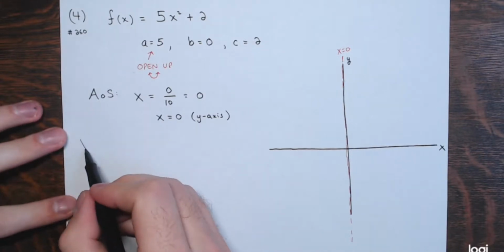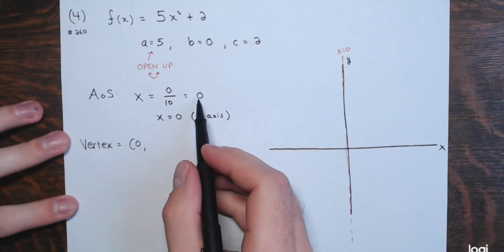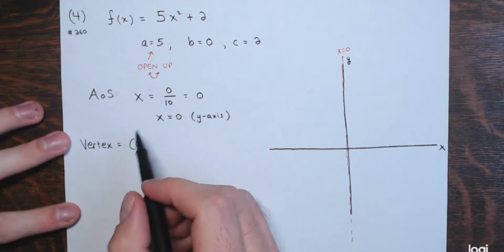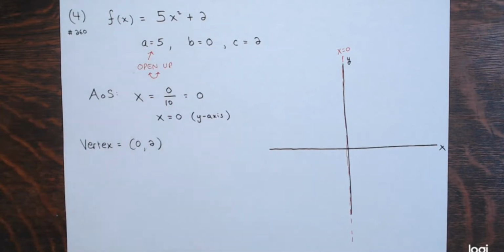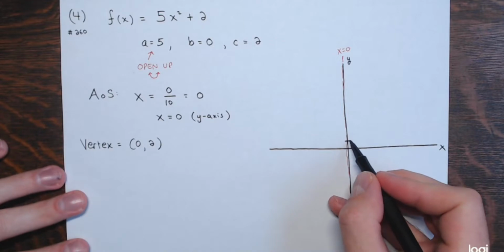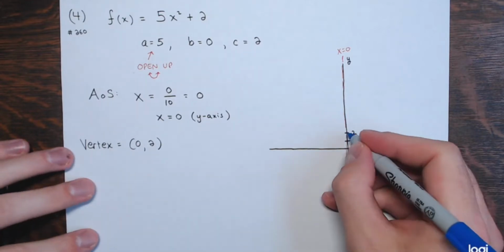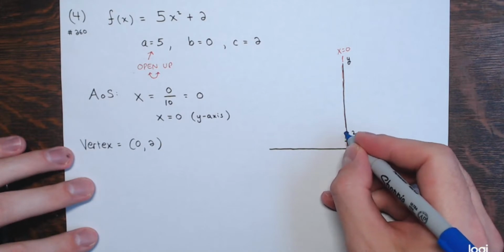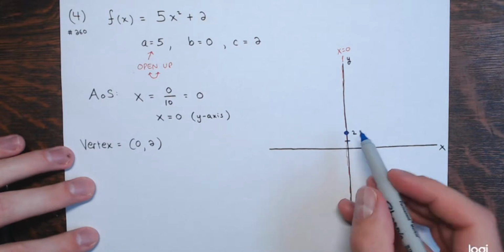When I find the vertex, it's going to be 0 for the x-coordinate. And then I plug in 0, you get 2. So the vertex is at (0, 2). So 0 input, 2 output. And that is the y-intercept. Now look at this.